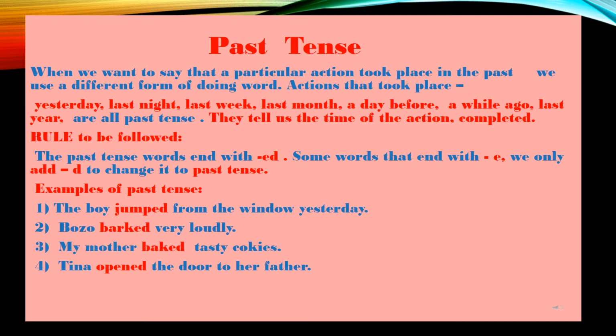Yes, let us continue. The past tense words end with ed. Some words that end with e, we only add d to change it to past tense. Now, this is the rule for past tense, children, that all the action words, or all the verbs in the past tense end with ed.